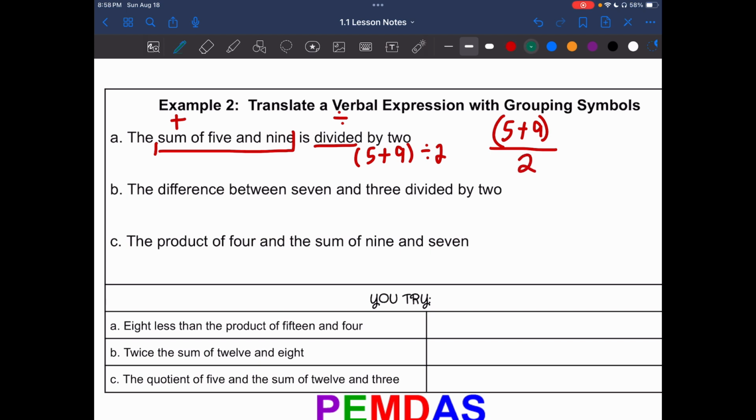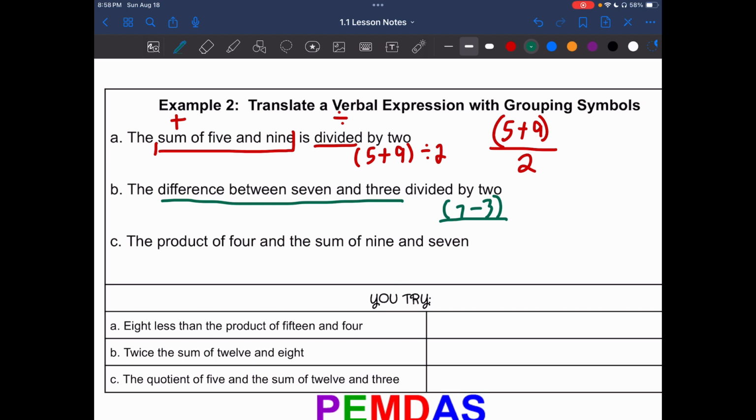Our next example, we have the difference between 7 and 3. The difference tells us we have 2 things that we are going to subtract, and in this case, it's 7 and 3. The difference is 7 minus 3. We put the first thing listed first, the second thing listed second.